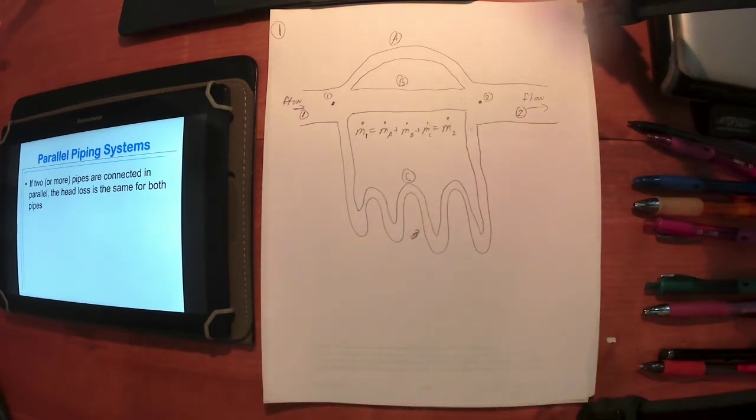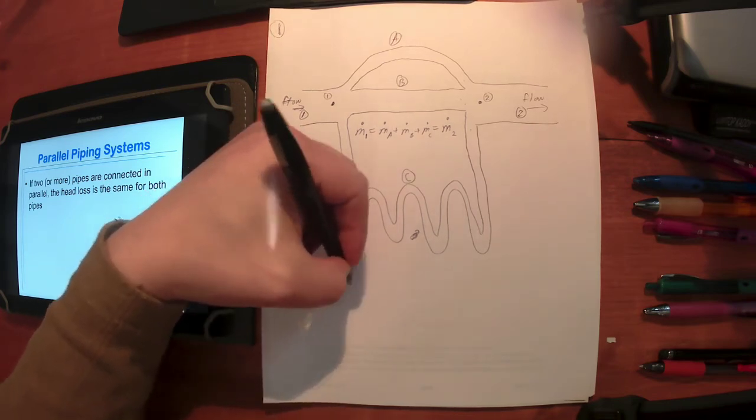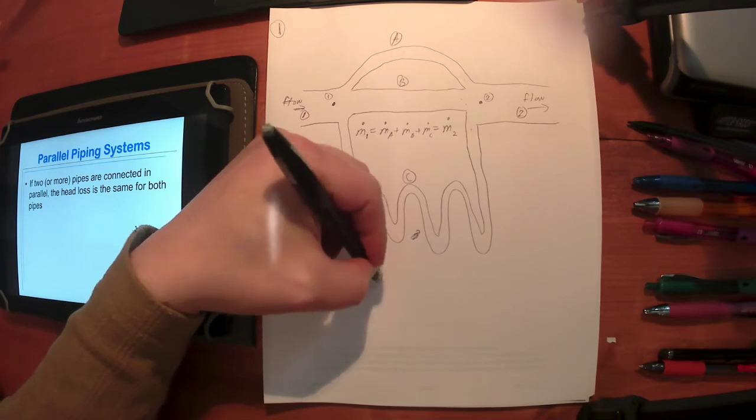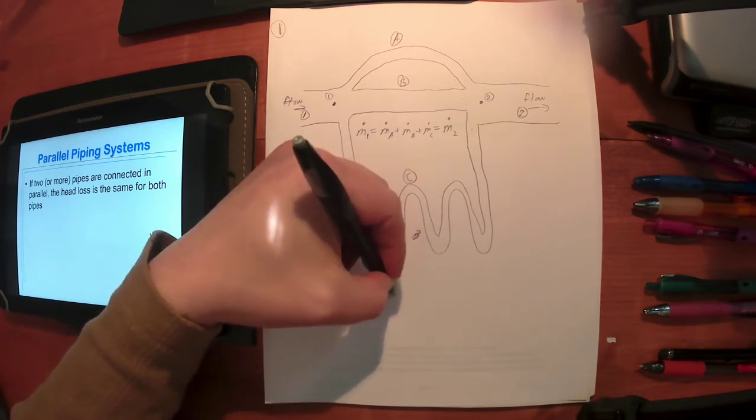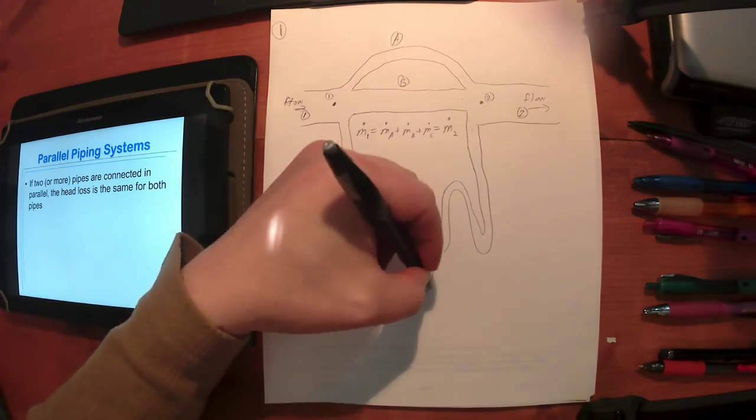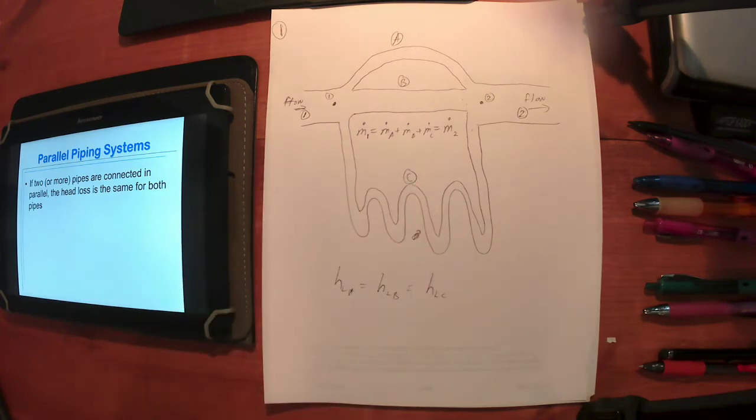Okay, so again, if I've got 2 or more pipes connected in parallel, the head loss is going to be the same. And so what we do is we say, well, the head loss for pipe A is going to equal the head loss for pipe B is going to equal the head loss for pipe C. Right?